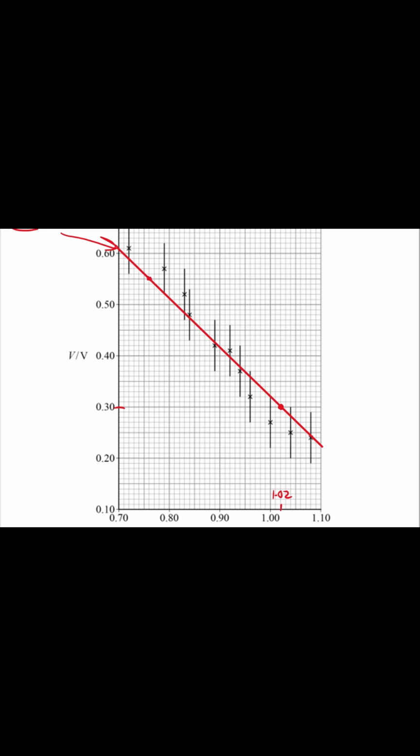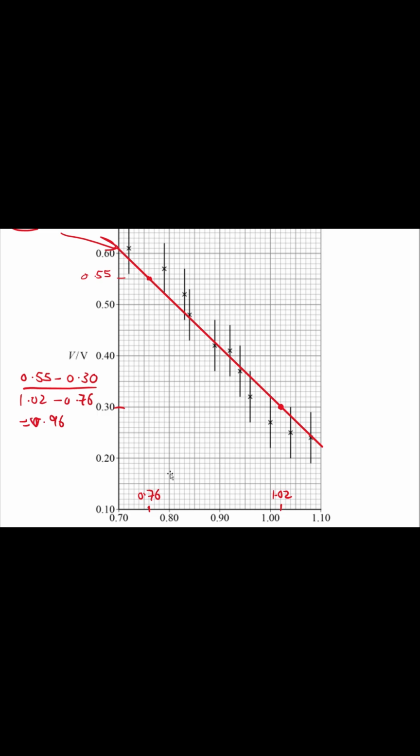So let's pick this one here, 0.55, and this is 0.76. So just work out the gradient of that. In this case, 0.55 minus 0.30 over 1.02 minus 0.76. And don't forget it is negative, of course. So punch that into your calculator. That gives me 0.96. Obviously there's a negative there.